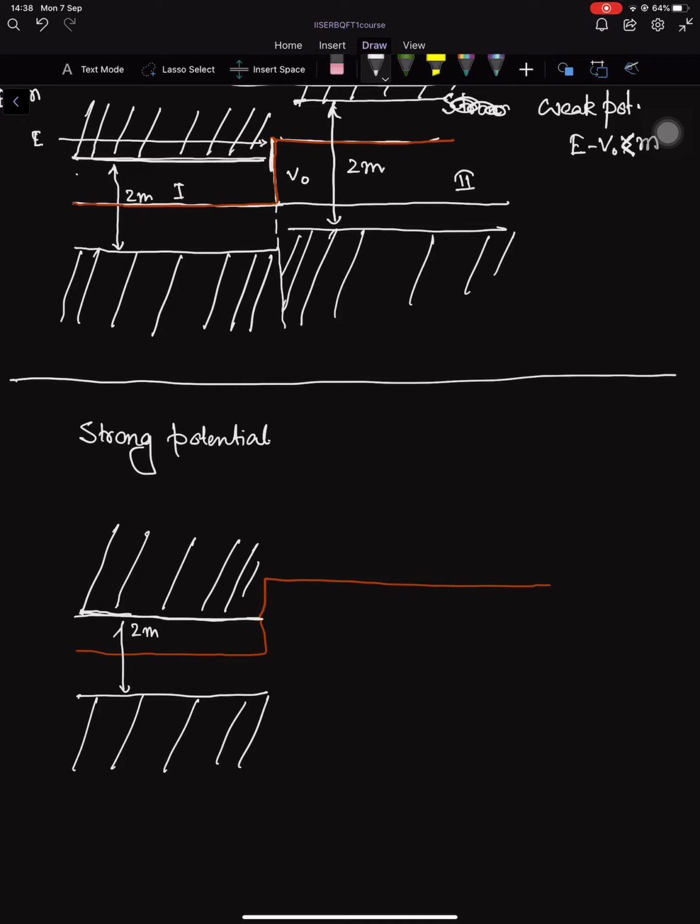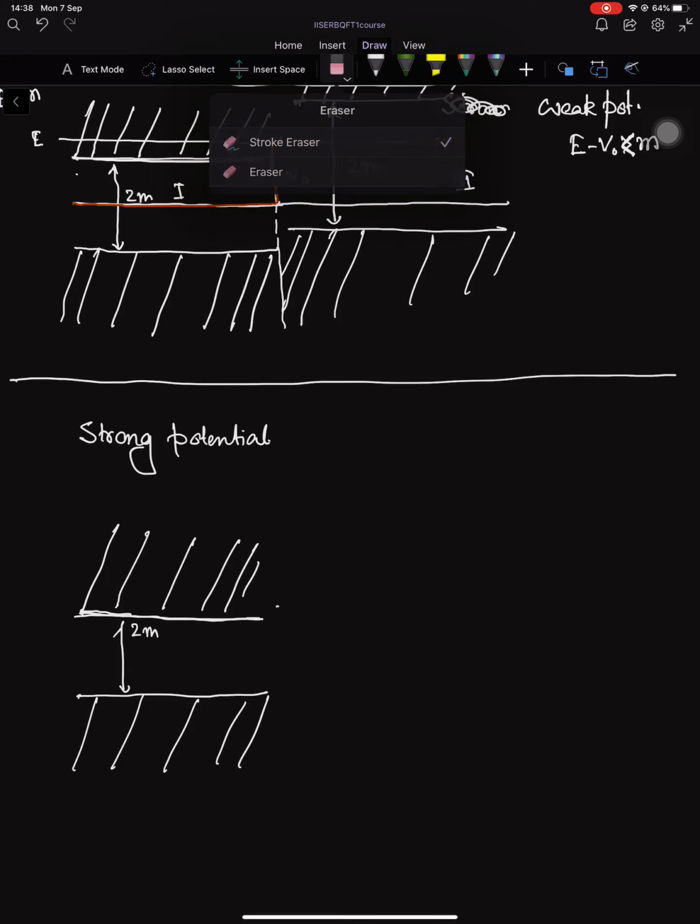Again, this is 2m. And what happens here is that the energy level here, I mean, let's draw this line again.